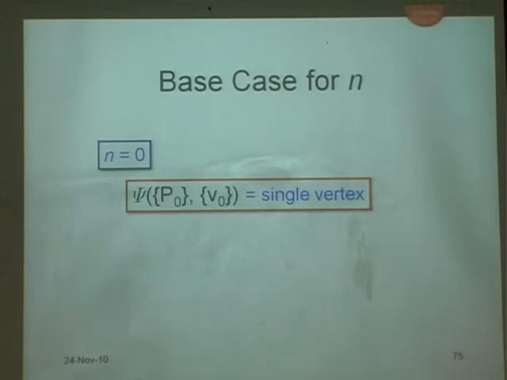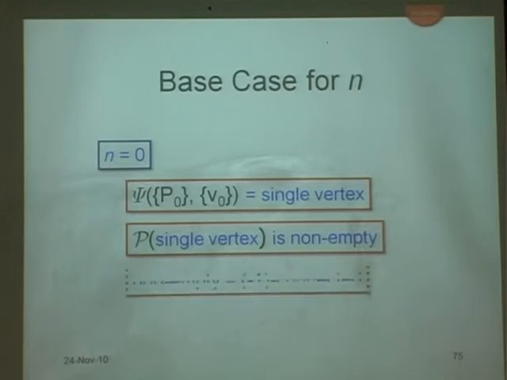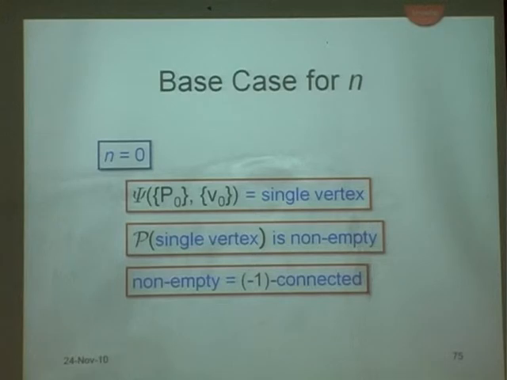Base case is, the pseudosphere is a single vertex, and we know that applying the protocol complex to a single vertex is non-empty because it's wait-free. If this were k-resilient, then this would not be true. But because it's wait-free, this is true. And -1 connected just means non-empty.